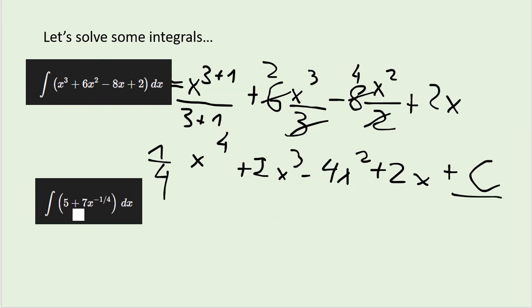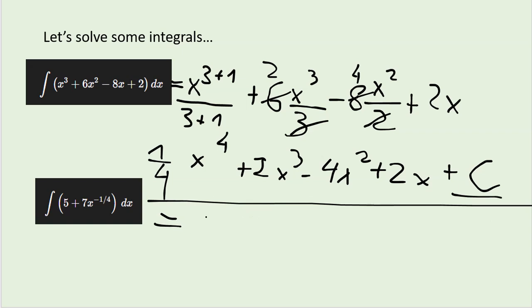Let's solve another one. I think this case is more challenging, but it's very useful in learning because it will tell us how to operate on fractions. Okay, number 2 equals the integral of 5 dx, the integral of a constant, plus the integral of 7x to the power of negative 1/4, also dx.